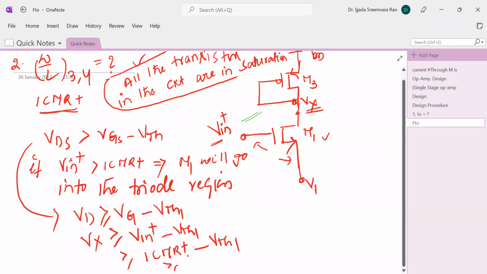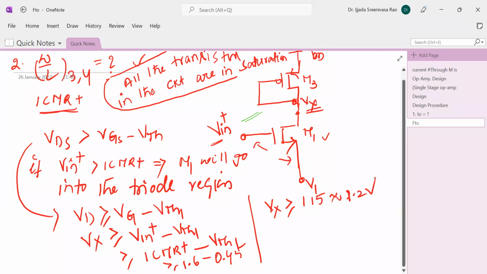The ICMR plus value given is 1.6 minus, for the NMOS transistor threshold voltage maybe 0.45, you can assume. 1.6 minus 0.45, that means the Vx value is greater than or equal to 1.15 volts, approximately 1.2 volts.